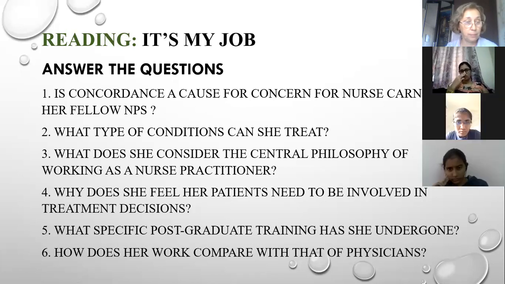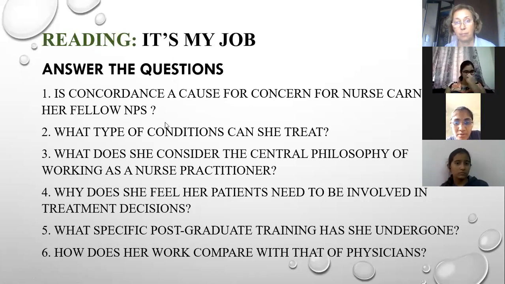Number 4. Why does she feel her patient needs to be involved in treatment decisions? Ma'am, she feels that patients should get nice treatment.